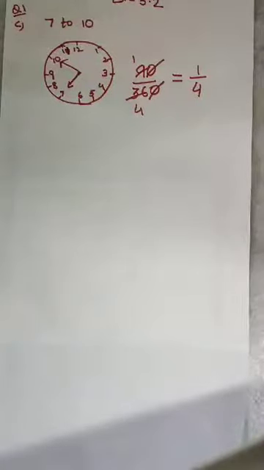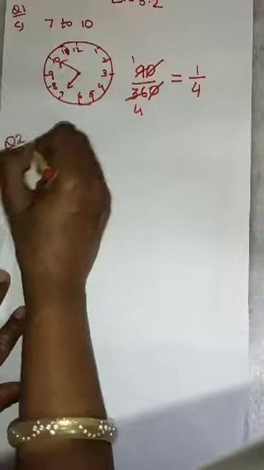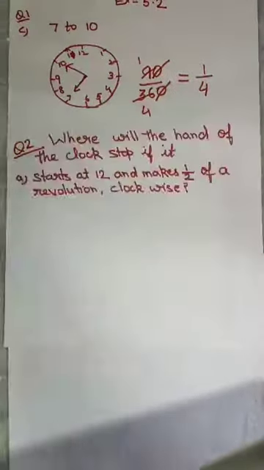Now see question number 2 of this exercise. Question number 2 is, where will the hand of the clock stop if it starts at 12 and makes half of a revolution clockwise?